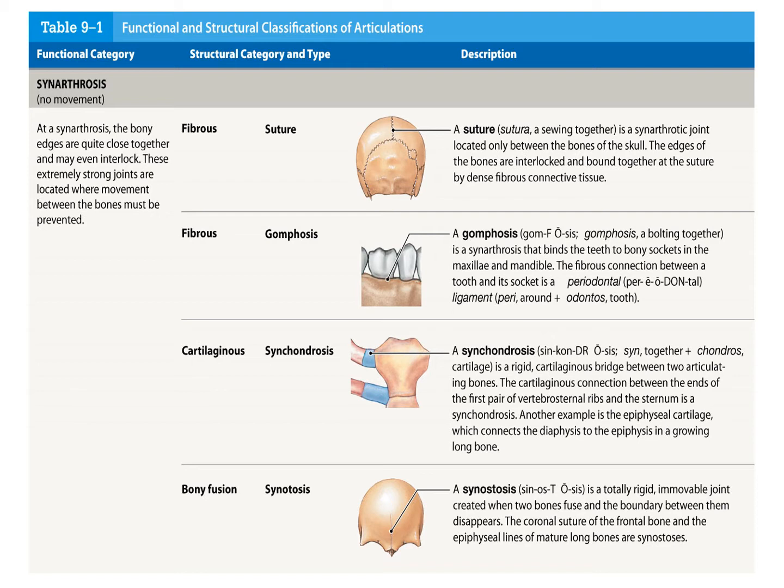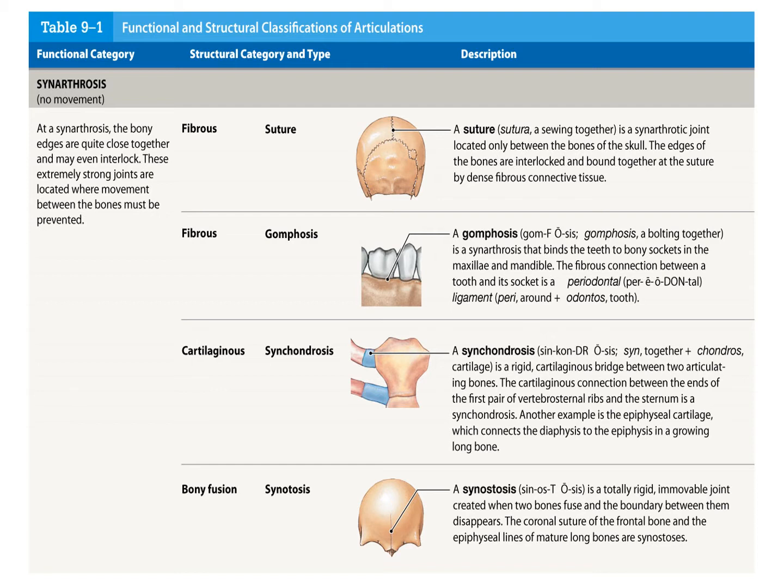And then last we have this bony fusion, which is called a synostosis. Remember when we were learning the bones of the skull, we learned the frontal bone, and that it has the metopic suture, where the two sides of the frontal bone have come together and fused in the center, and sometimes there's a suture, a line there, which is a bony fusing. So a synostosis is fusion of bone.